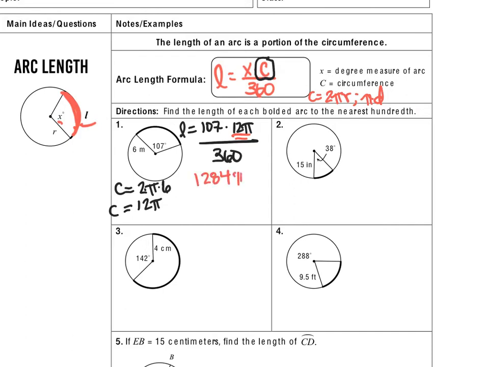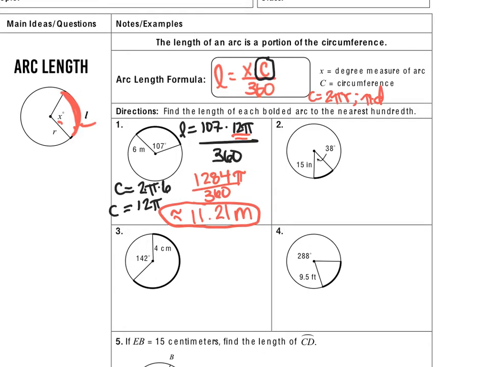And then pi will just drop over 360. And then I can do 1284 times pi, or times 3.14, and then divide that by 360. And I get approximately 11.21 meters.